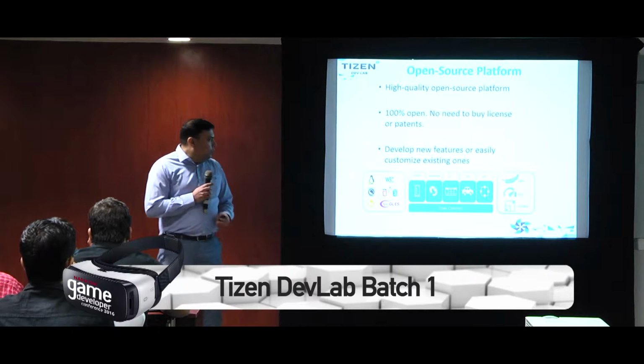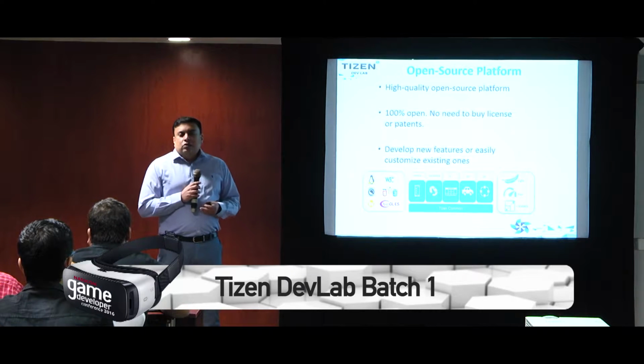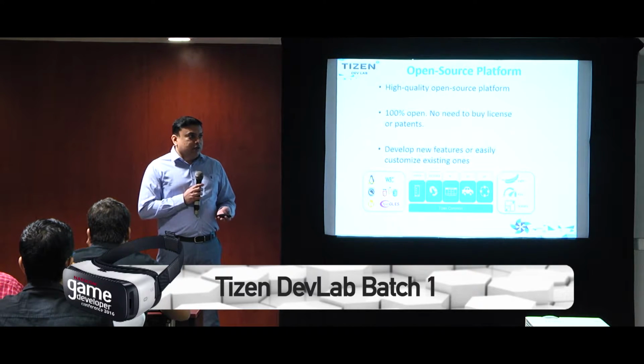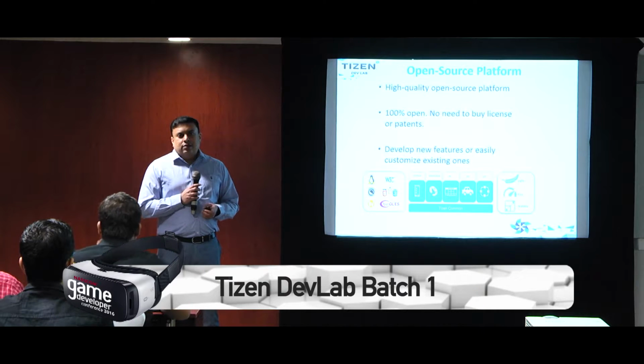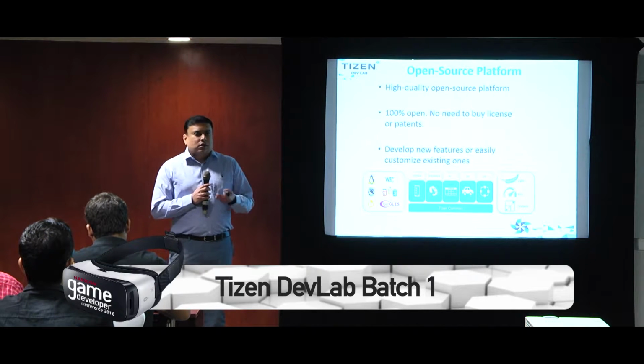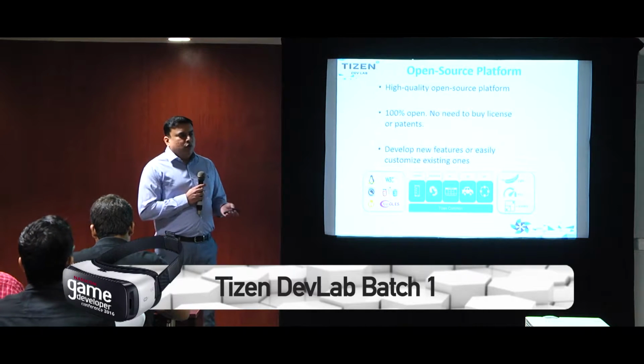You could see over here. As the nature itself is open source, you don't really have to worry about royalty or patent infringements, because the Linux Foundation takes care of it. And as long as you follow the licensing rules of the open source, you can pretty much use any component or change it.